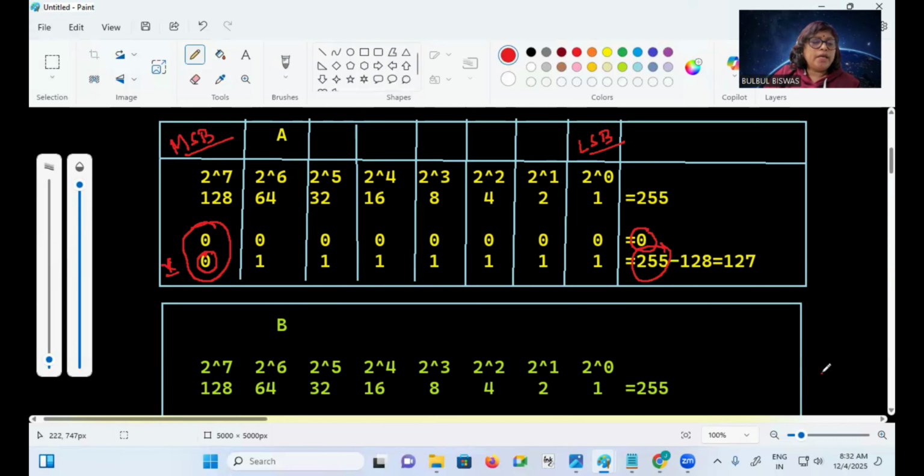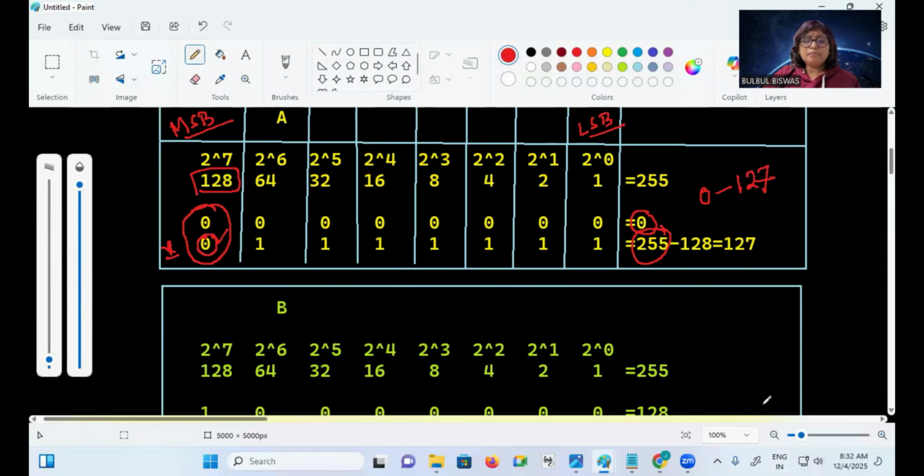But we are putting it as 0. That means the value 128 we are considering as 0. That's why we subtract it from 255. So we get 127. And this is the reason why the class A range is 0 to 127.